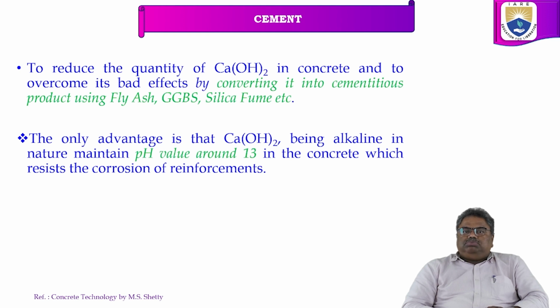Fly ash and GGBS have silica content, and this silica will again react with Ca(OH)2, calcium hydroxide, and form another CSH gel, which contributes strength in addition to the first formed CSH gel, right?